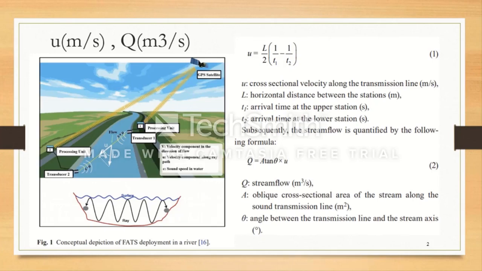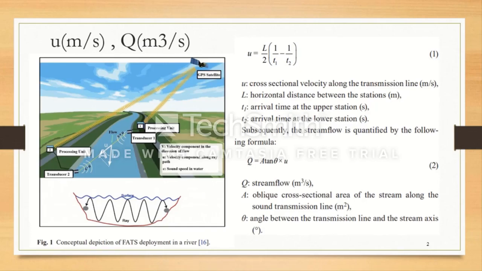Here we have the horizontal distance between these two stations, called L, and we can calculate the arrival times at the upper and lower stations. With all these, we will have U, the cross-sectional velocity along the transmission line.